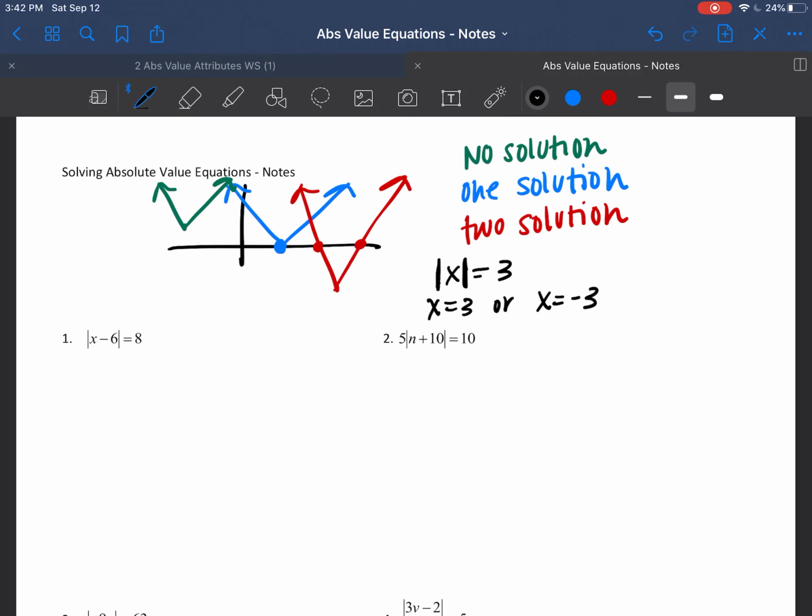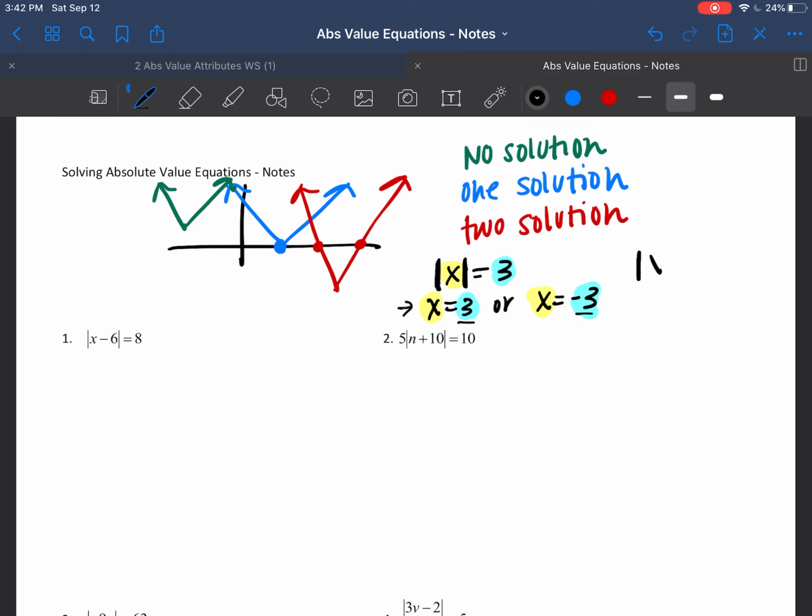And so that's how we solve equations: whatever is inside these bars, we take that and we set it equal to the positive version of this number and the negative. And so you write it twice without the bars, no bars in this second step here, and then set it equal to the positive and negative.